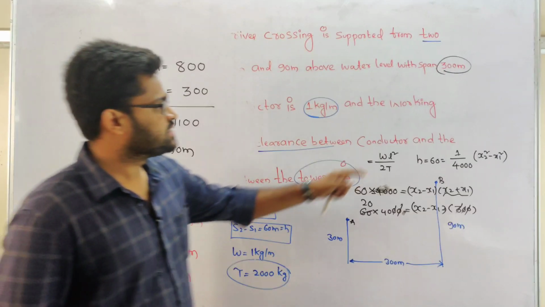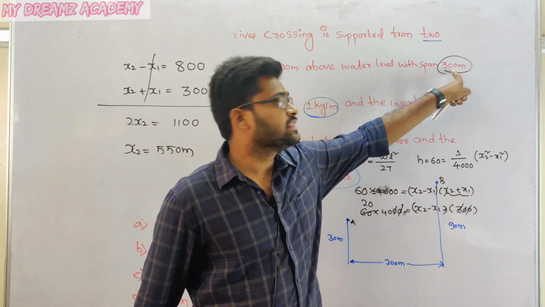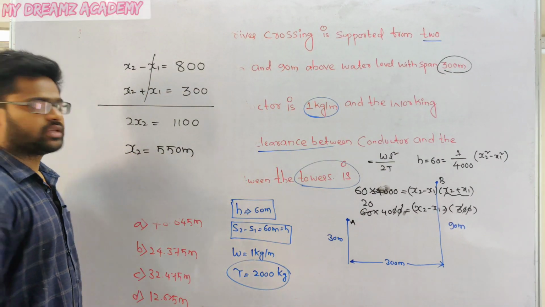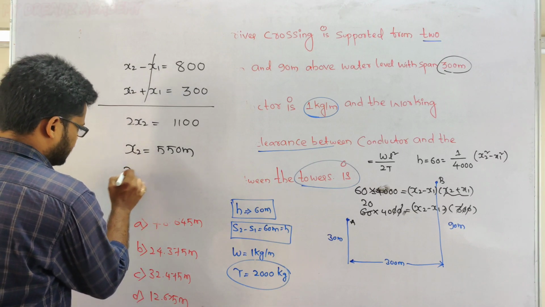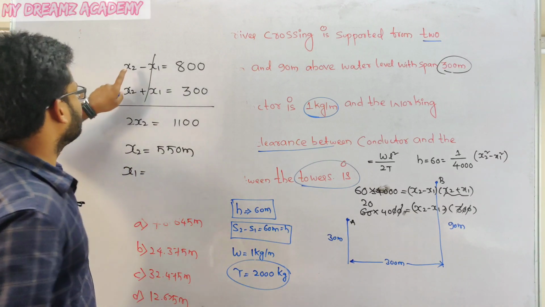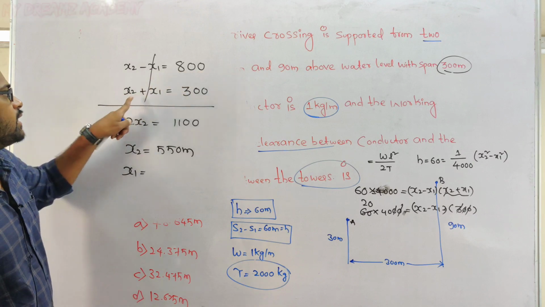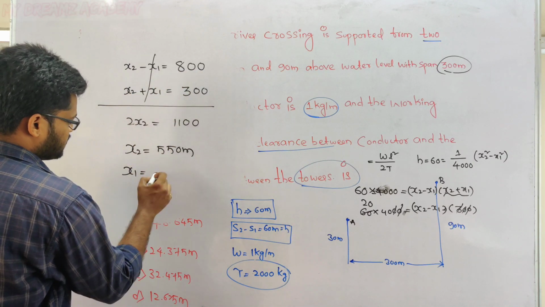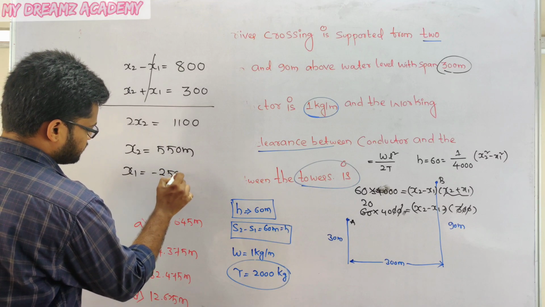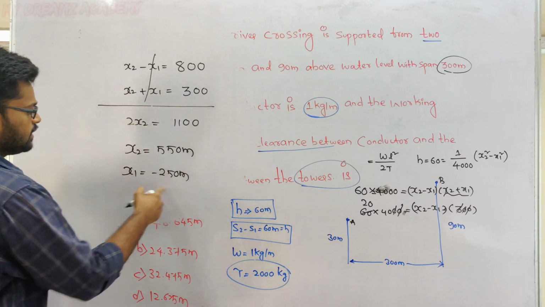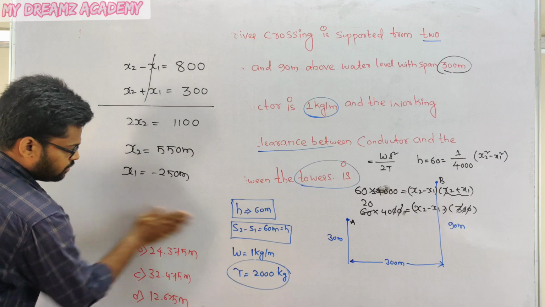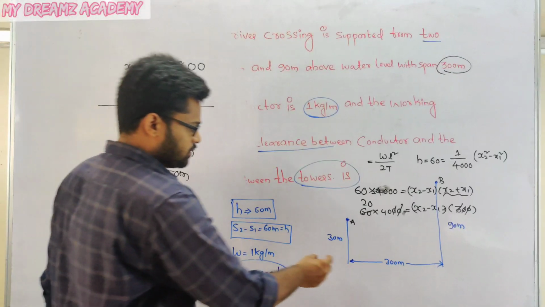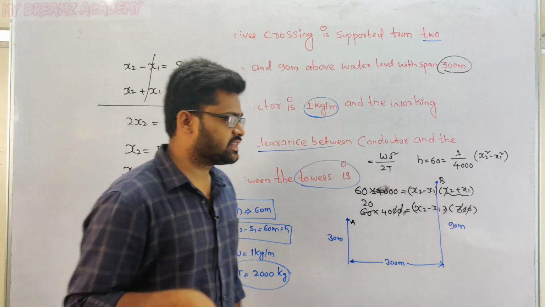But the total distance between these two towers is 300 meters, yet x2 gives 550 meters. From this I can calculate x1. From x2 minus x1 equal to 800 and x1 plus x2 equal to 300, I will get x1 equal to minus 250 meters. But observe, the distance between the towers is only 300 meters.